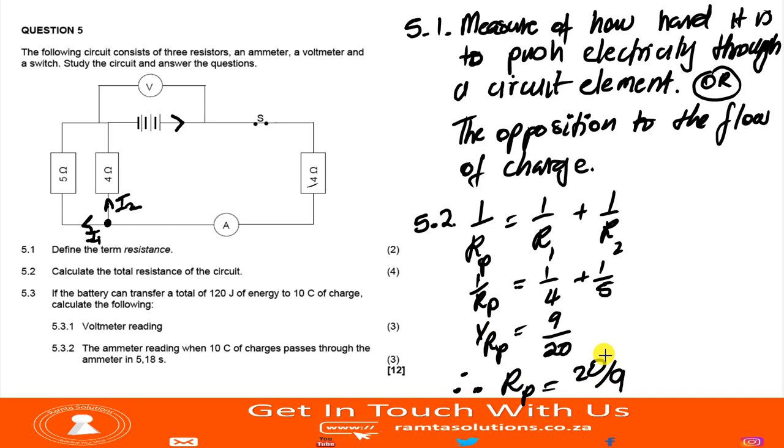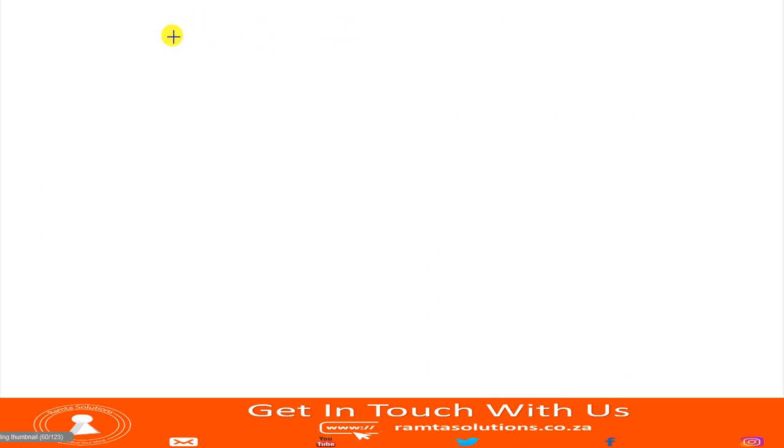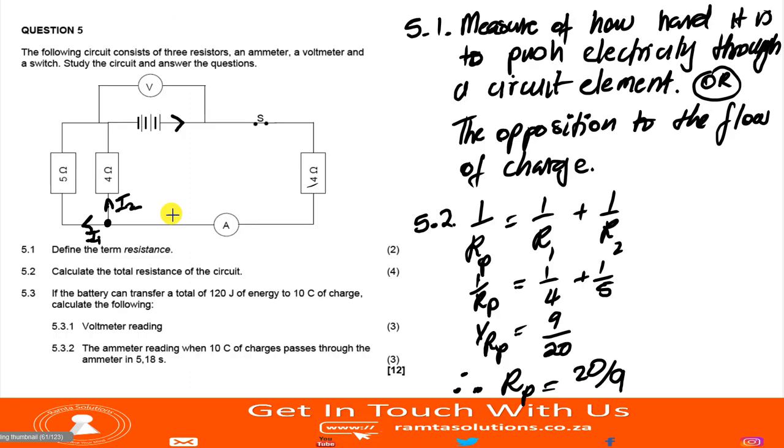So 1 divided by answer, it's 20 over 9 indeed. Rounding this off, R sub P will be 2.22 ohms.